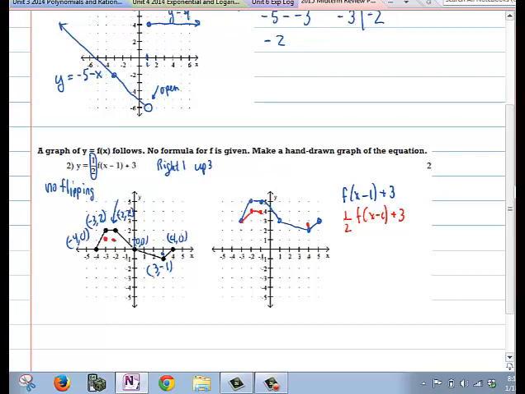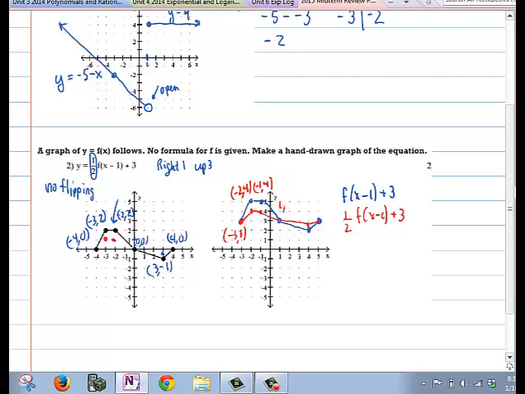I just have to make sure I draw it straight enough. And I want to label the points. It'd be -3, 3. The red point would be -2, 4. This point would be -1, 4. This point would be 1, 3.